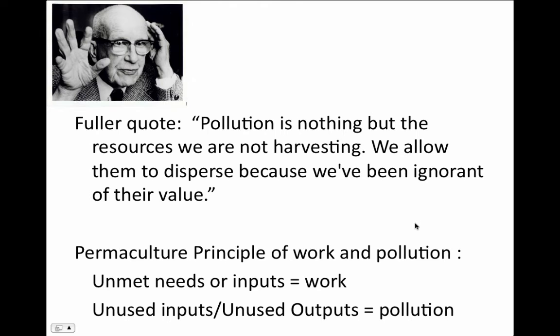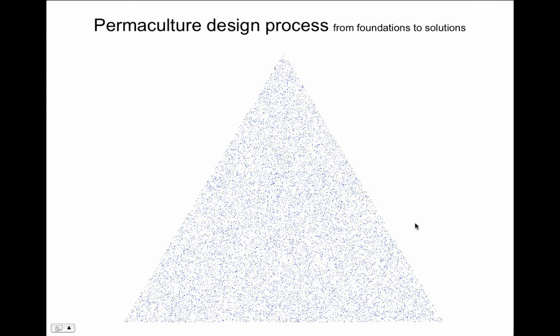And then if we have unused outputs, in other words, we've got outputs from one system that aren't connected to the input of something else, then that's the definition of pollution. So pollution is outputs that we haven't found a use for yet, and work is inputs to the system that we haven't found a way to plug in the output from another system. So again, this is very much a systems thinking perspective.